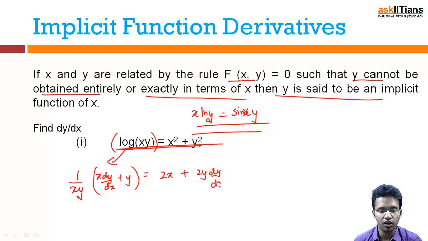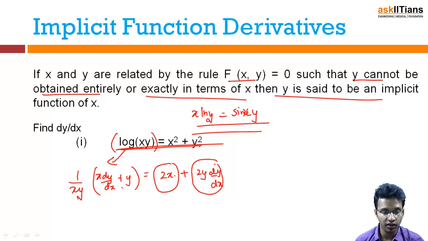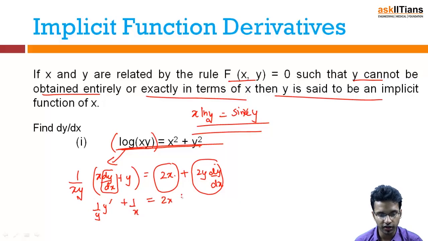Now this example perfectly displays the thing which I was saying in the previous part. Here dx by dx is there, but that does not appear, because it becomes 1, but y dash will appear. So ultimately you will club dy by dx together and all the other terms together. So this will be 1 by y times y dash plus 1 by x is equal to 2x plus 2y y dash.